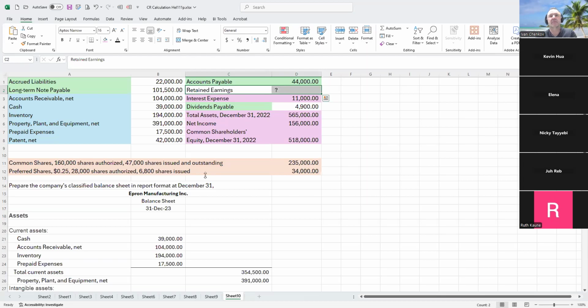Isn't it? Yes. How are we going to get the retained earnings? Who's going to tell me how we get the retained earnings?